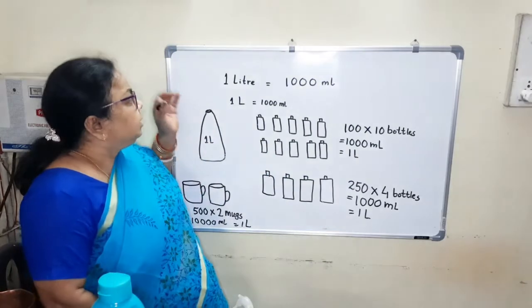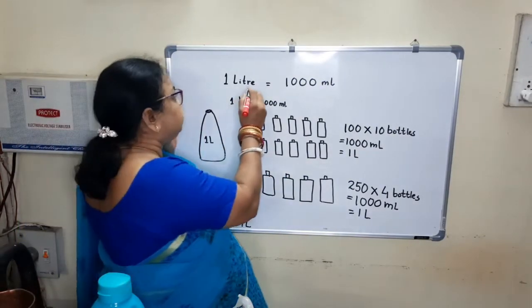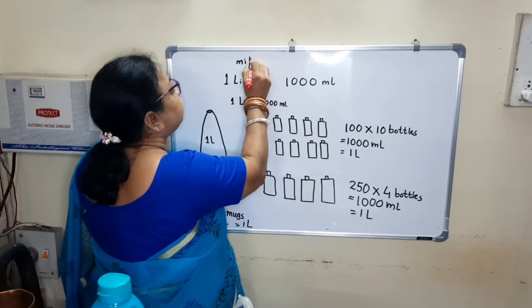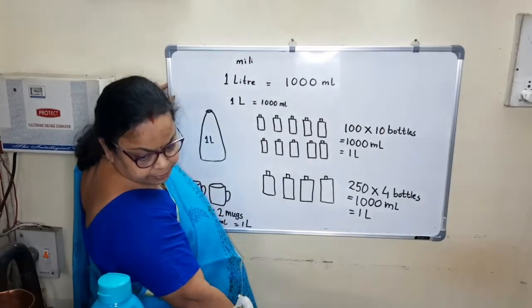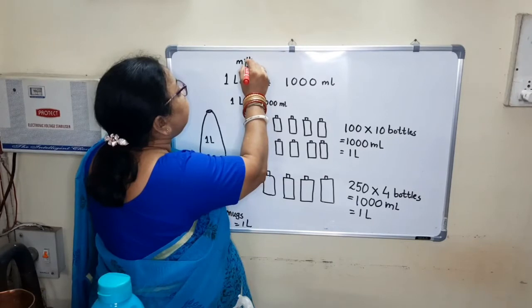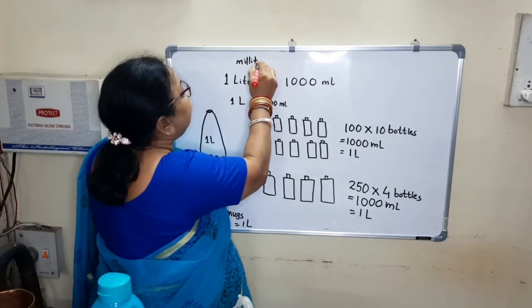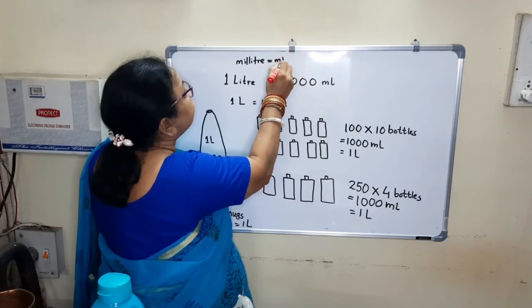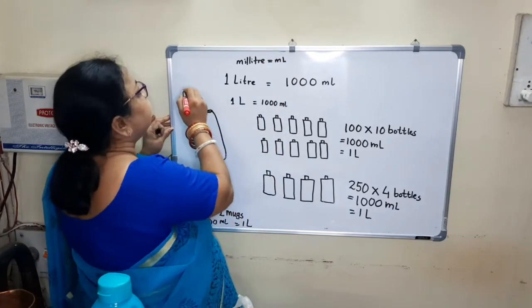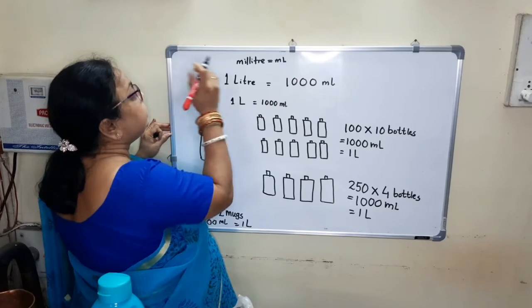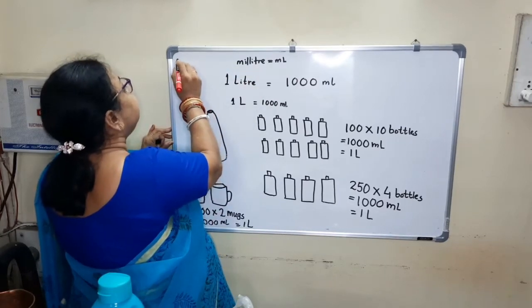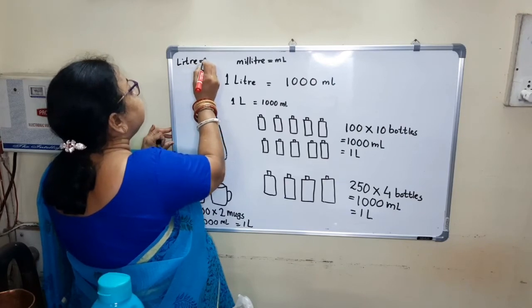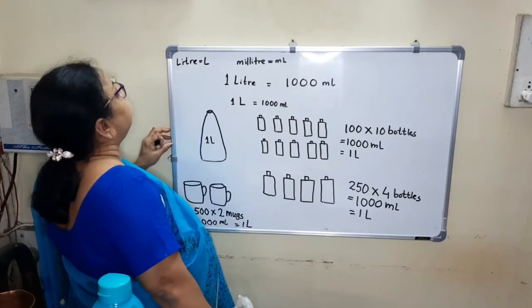Milliliter is written as ml. Children, you see, this is milliliter. Liter is written as L.